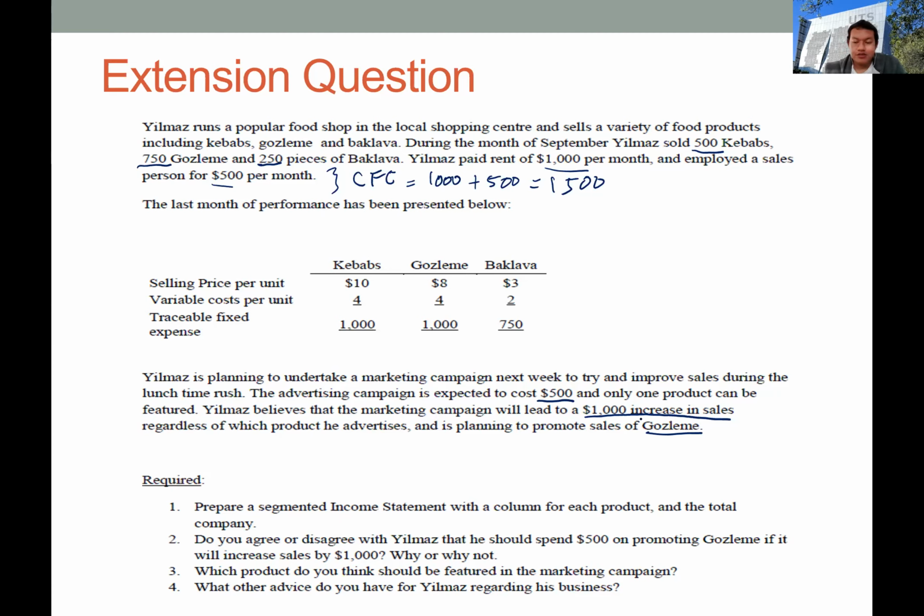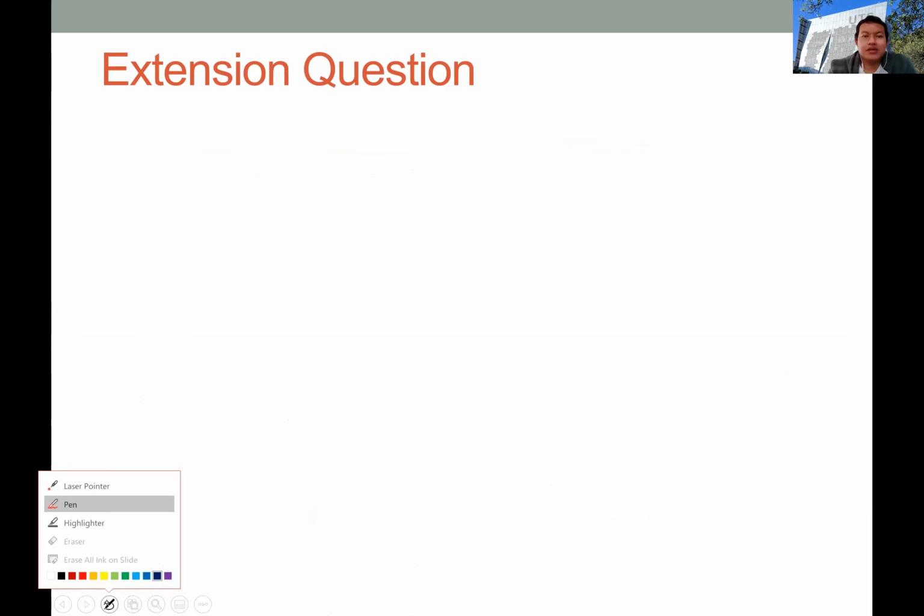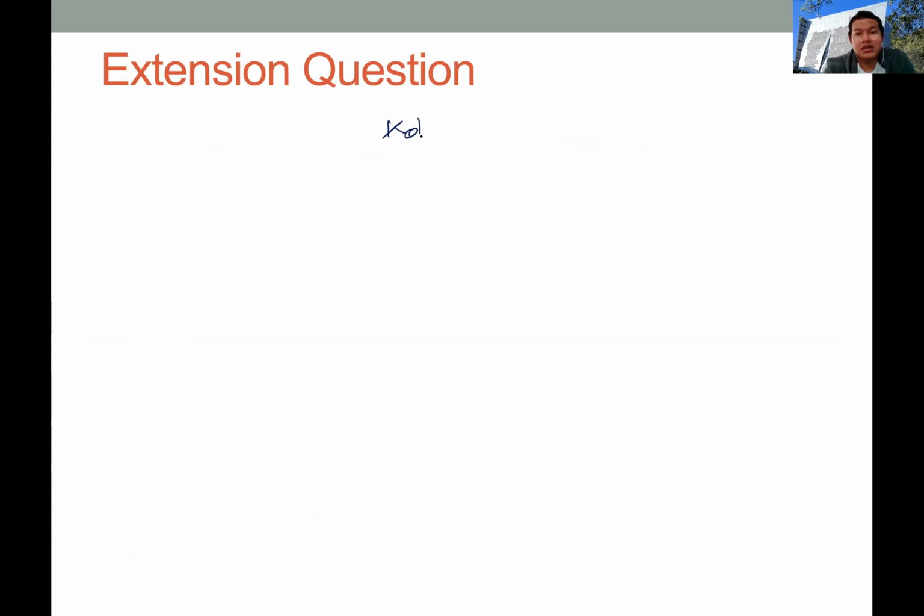Okay, so first let's prepare the segmented income report. So we have three products: kebab, gozlimi, and baklava, and total.